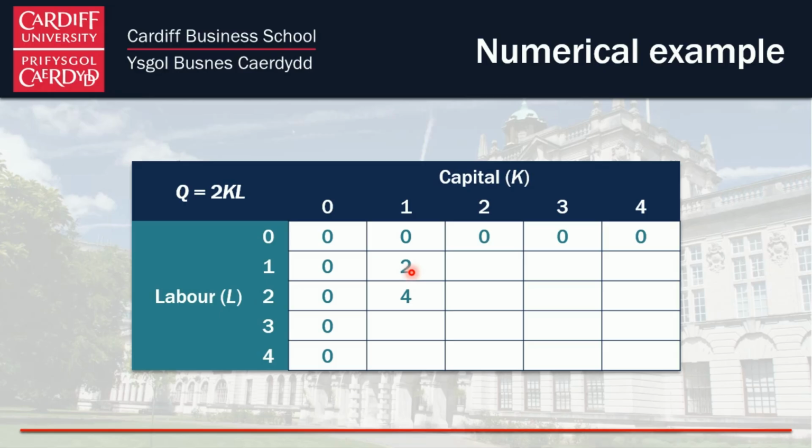If your labor is equal to 2, 4 units, 6 units, and 8 units. Instead, if your capital is 2 and your labor is 1, so that's basically 2 times 2 times 1, is 4 units there, 8, 12, and 16. And then you get the other ones in the picture. So these are all the production possibilities that you can have by changing the amount of capital as well as the amount of labor.